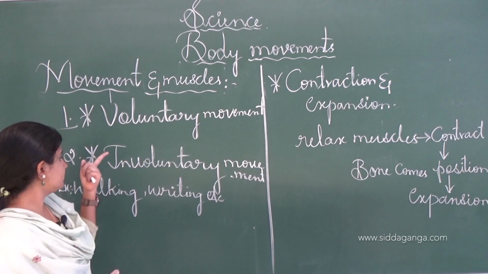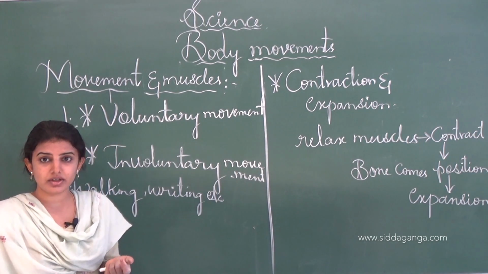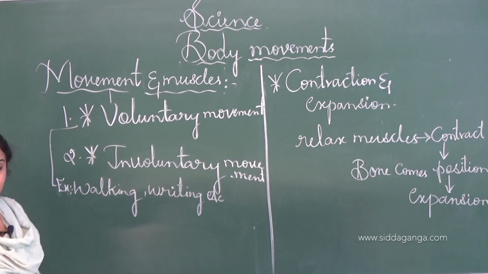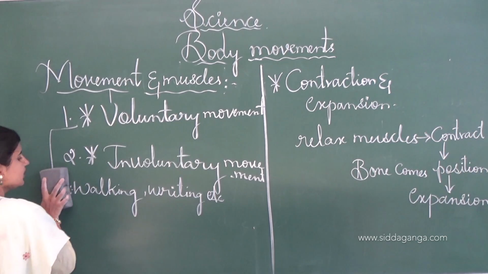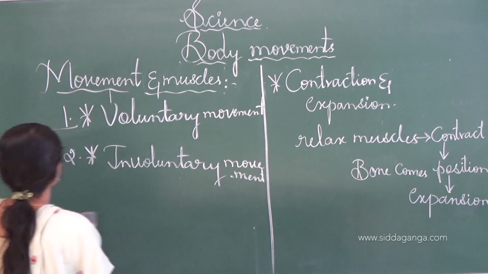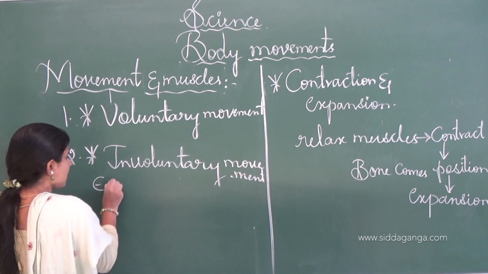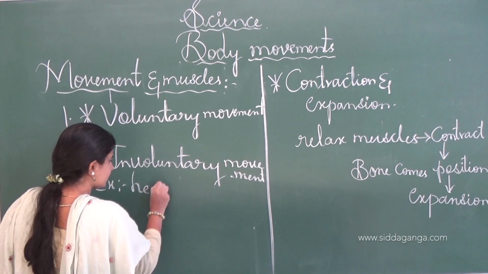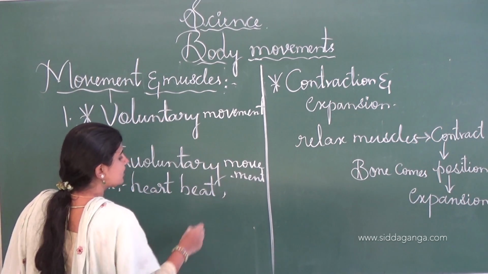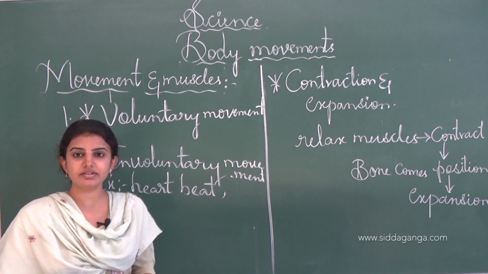This is how we can say that voluntary movements are under our control, whereas involuntary movements, as the name indicates, are movements which are not under our control. An example is the heartbeat, digestion of the food, and blinking of the eyes.